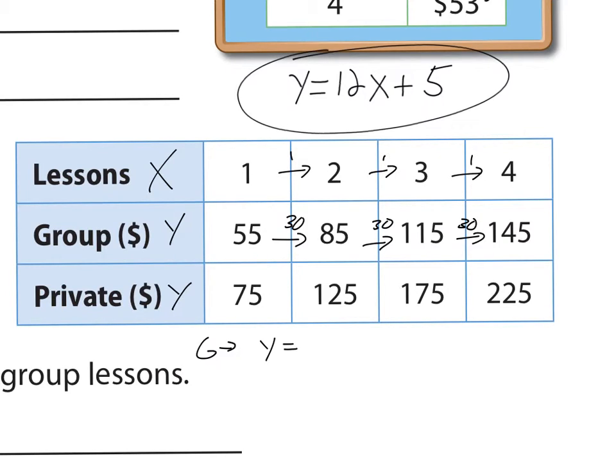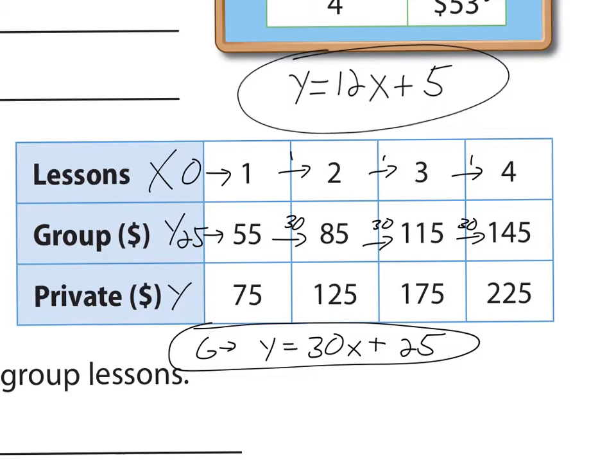So 30 over 1, which is just 30. Plus, if I went to 0 lessons, it would go down to 25 because we're counting up by 30, so we'll count down by 30. Good. So 30x plus 25. That's the group lesson.